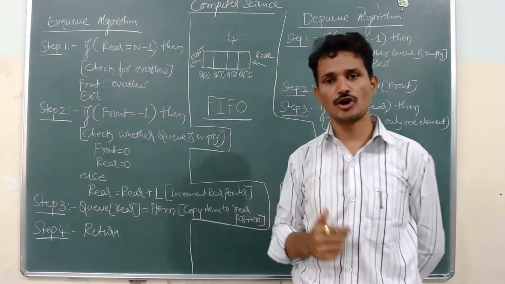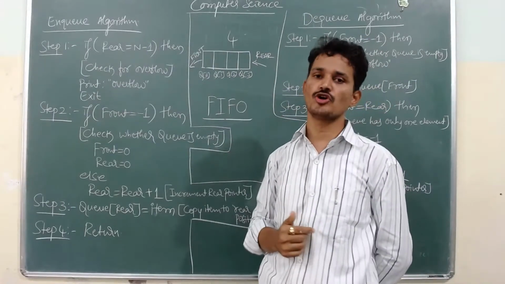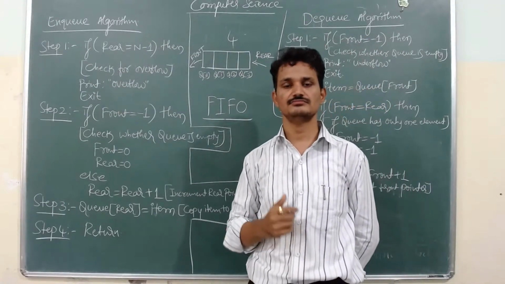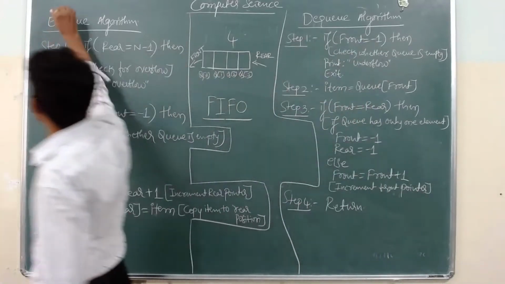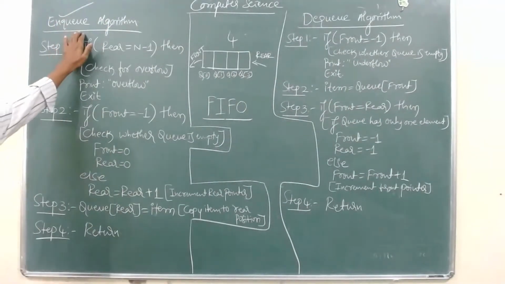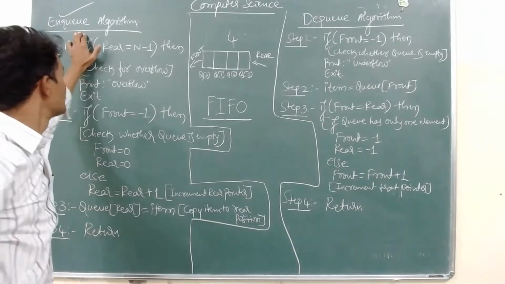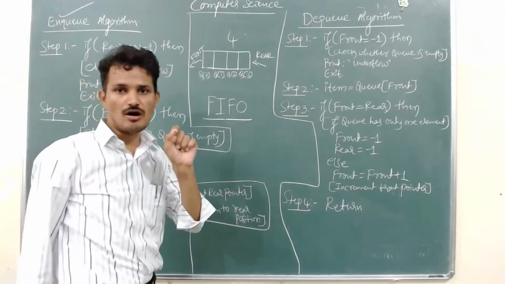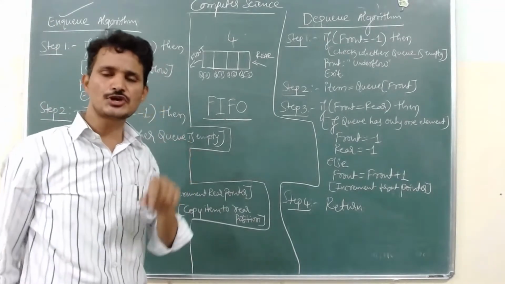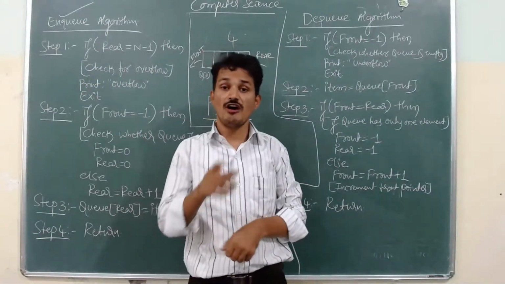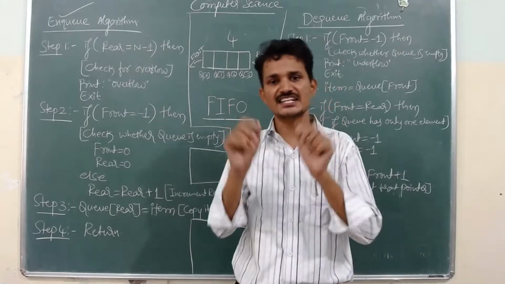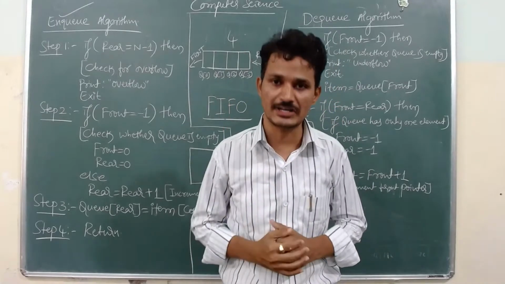The second operation which can be performed on the queue is enqueue of item. There you can see the name. Enqueue means insert. Inside the parentheses, we are making use of an argument.